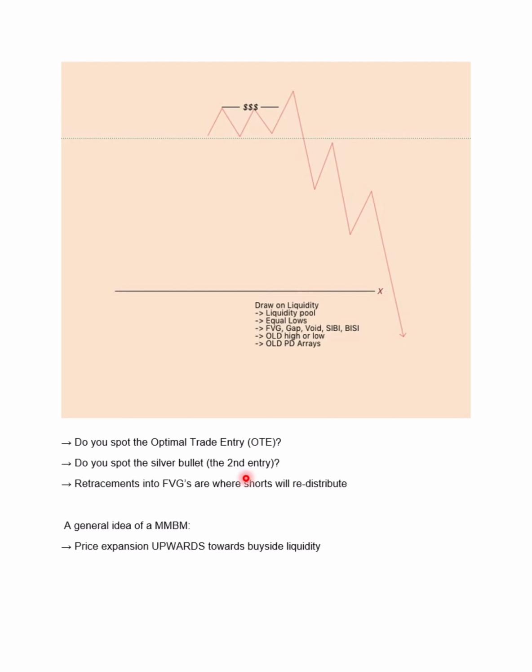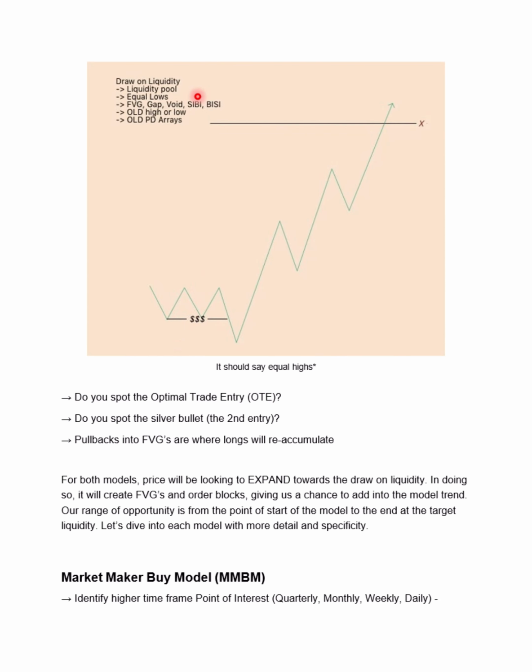Do you spot the silver bullet, the second entry? Retracements into the fair value gaps are where shorts will be redistributed. The market, we said, does two things: it either goes for the old highs or the old lows, or reacts on a fair value gap like here or here. Okay, let's go now to the buy one.